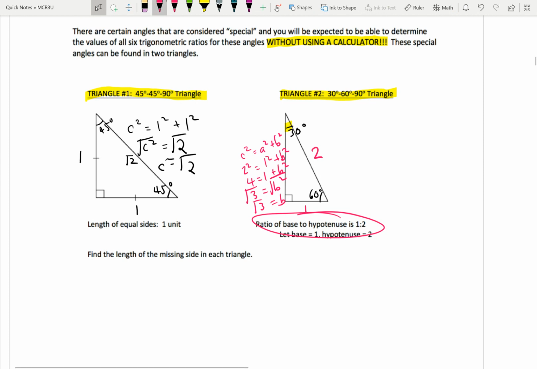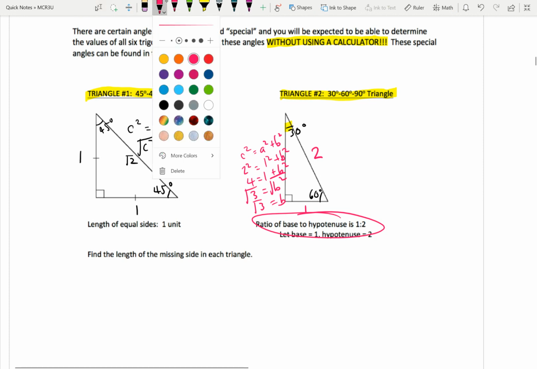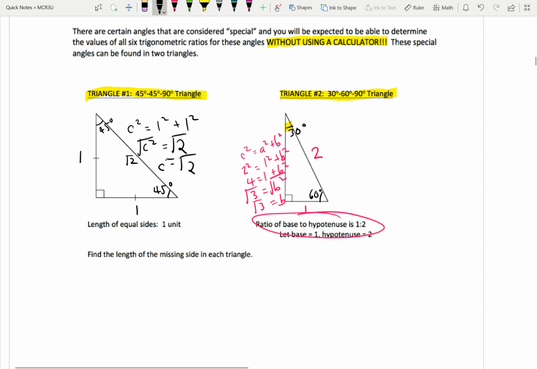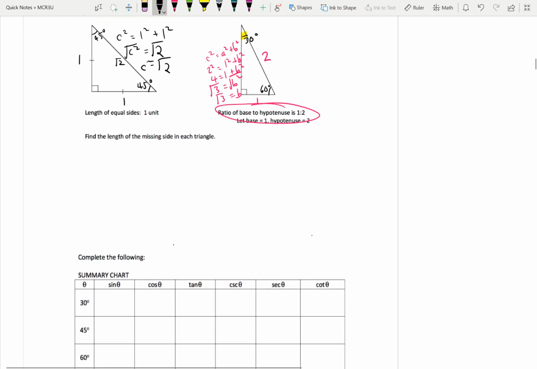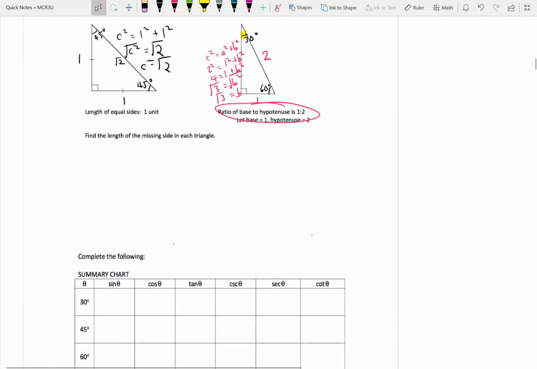Now, how is this particular triangle going to be useful to me? Using this triangle gives me the exact ratio of the dimensions. So if I'm looking at my sine ratio, I know that sine is opposite over hypotenuse. I can just reference my sine of 30 degrees.